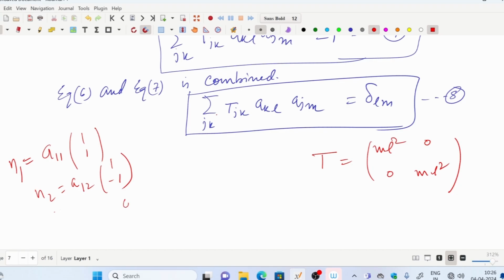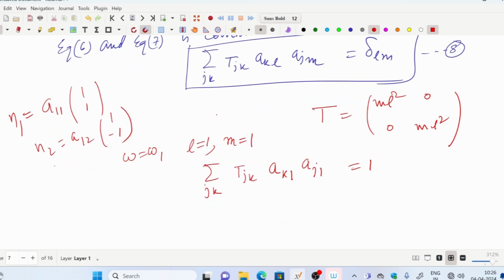So, for omega equal to omega 1 case, our L equal to 1 in this case, and we want to use the normalization equation, equation 8. So, let us consider M equal to 1, then the right hand side will be 1. So, we will have the sum over j k of T j k a k 1 a j 1 equal to 1.